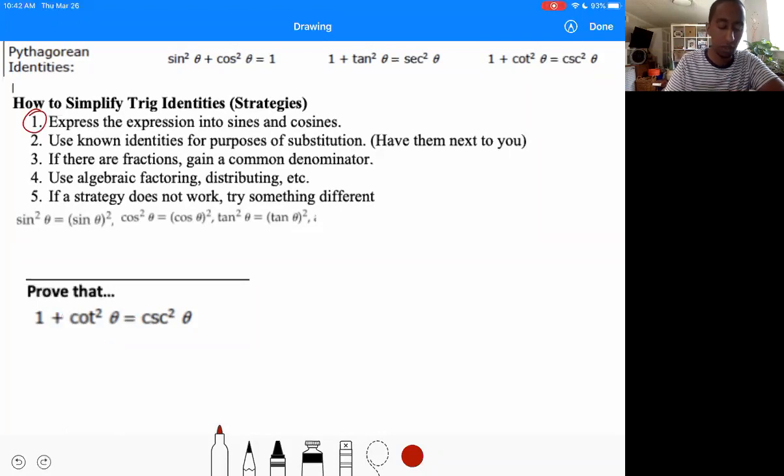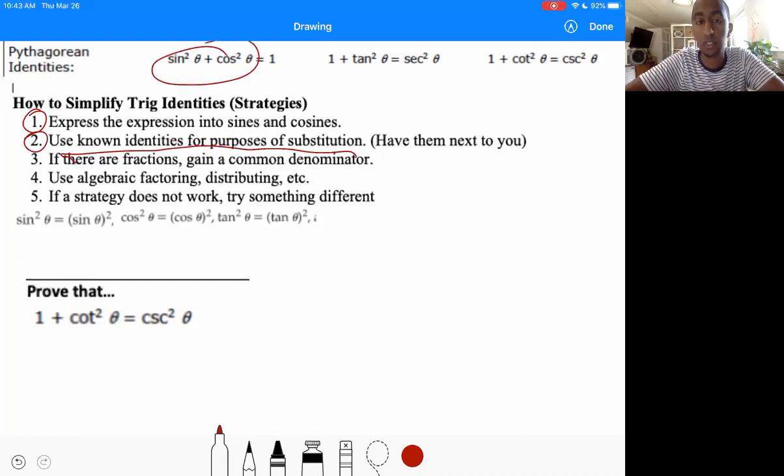Number 2, another tip is to use the known identities for substitution. What I mean by that is, let's say you have sine squared of theta plus cosine squared of theta in your equation. You want to use that identity and change it to 1. So I would have all of the identities next to you as you work through the problem. I would have the quotient identities: tangent equals sine over cosine, cotangent equals cosine over sine.